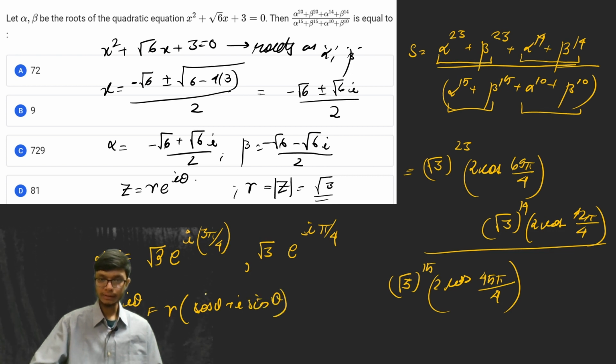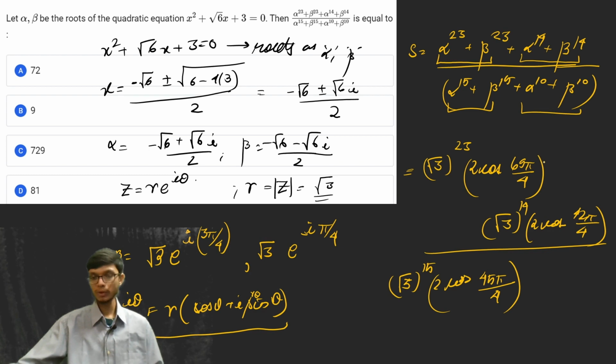So I'm converting the exponent into the trigonometric function in the polar and Euler notation. If I use this, then I won't get the exponential, because I can multiply the exponentials and write in the format of argument, and into root 3 raised to the power 10 into 2 cos of 10 into 3 pi by 4, that is 30 pi by 4, and that will be the result.